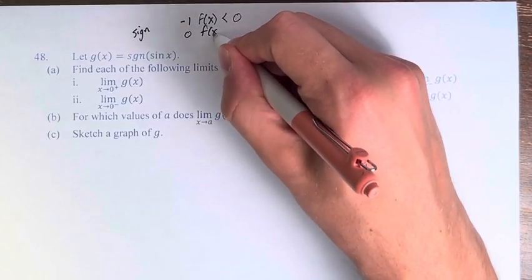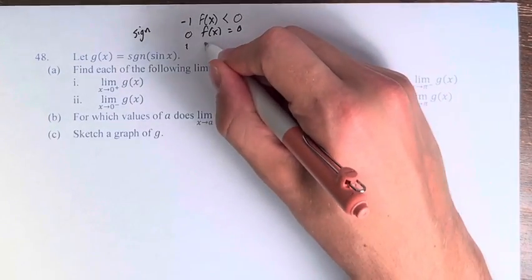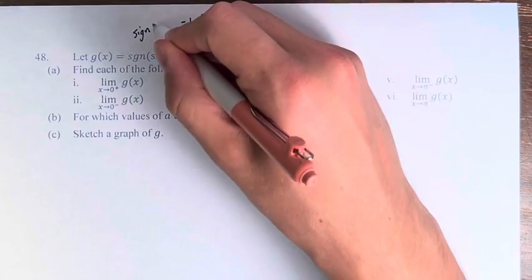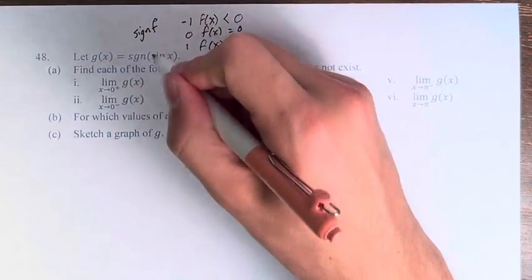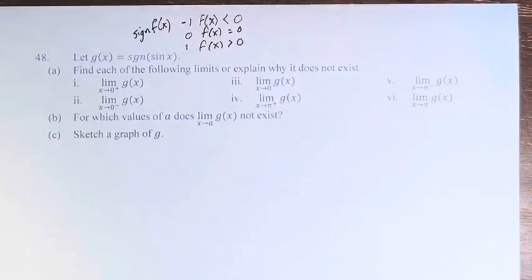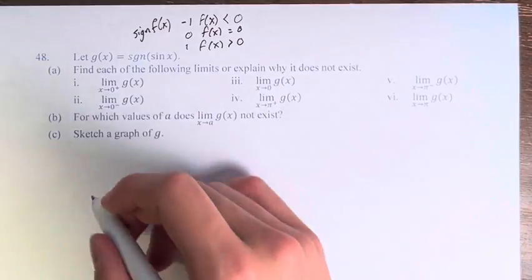It's 0 if it equals 0, and it's 1 if it's greater than 0, right? So this would be signum of f of x.